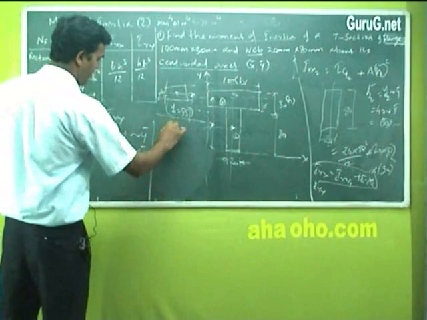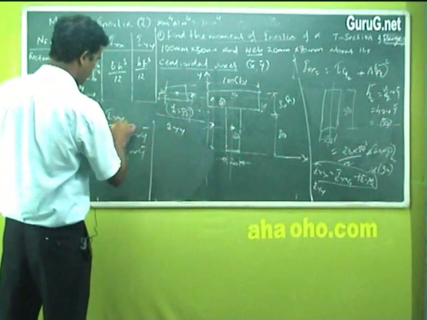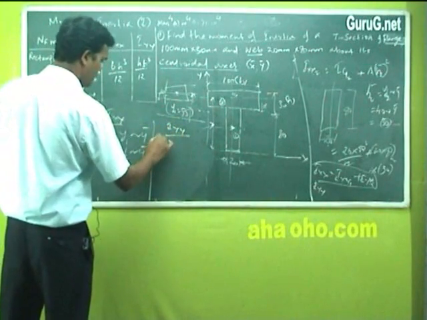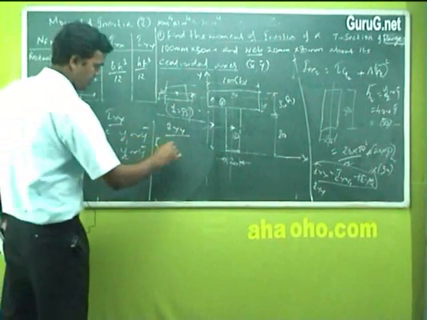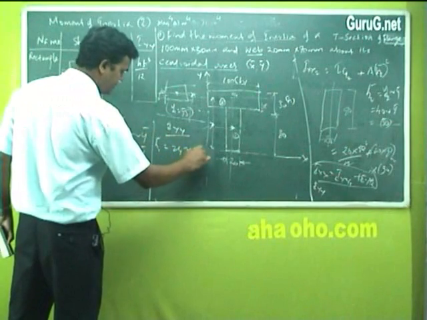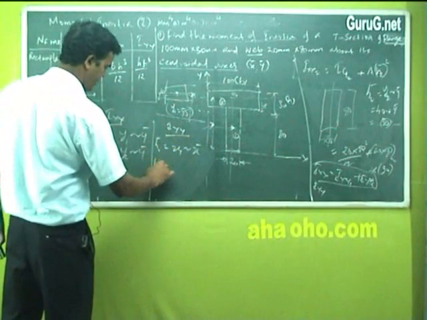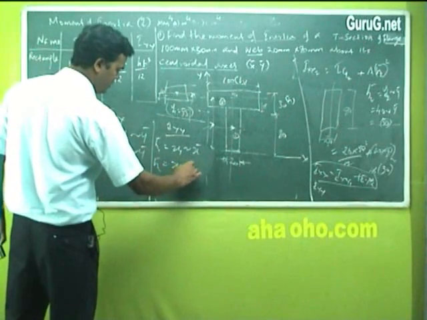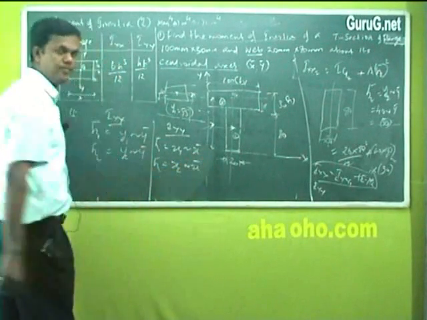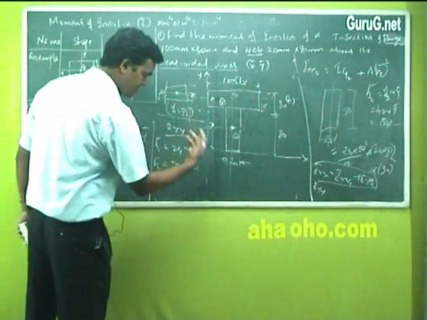Okay. While finding IYY, your H bar value is X1 difference X bar, right, and X2 difference X bar. This X bar is a constant value.